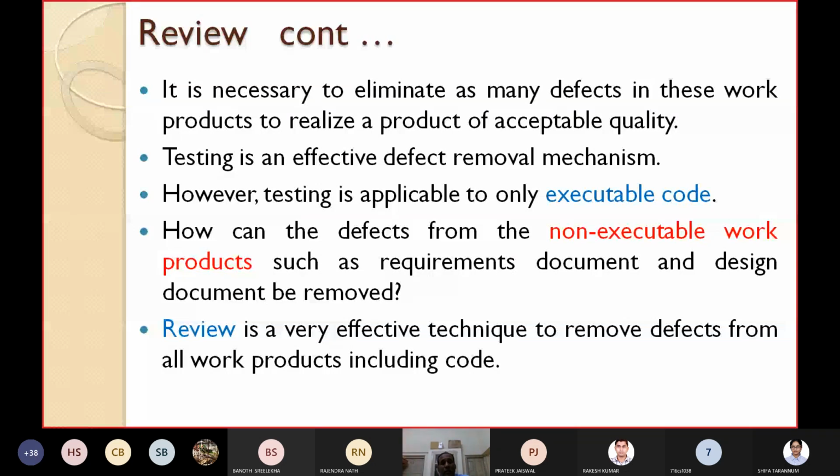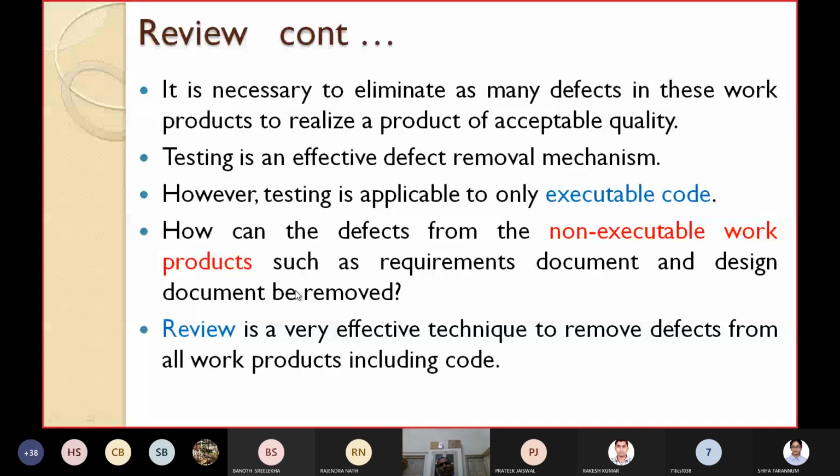Here we have said that testing is a good defect removal mechanism, but testing is applicable only to executable code. Then the question is, how can the defects from the non-executable work products be removed? Examples of non-executable work products are the requirements document, design documents, etc. For them, we can use review as the defect removal mechanism.